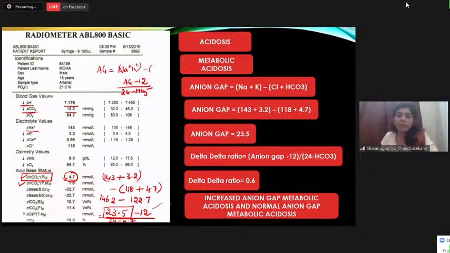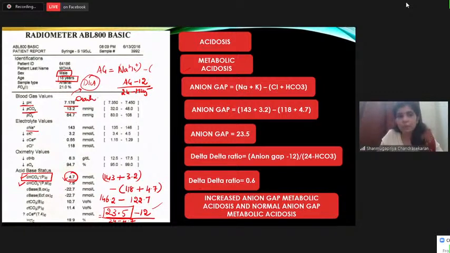What do you think are the possibilities here? With this, you're not going to end, right? Based on the patient's other values, demographic values, or other clinical conditions, you're going to find out what the possibility is. So look at the age here. Age is 18 years, male. Yeah. So ask for diabetes history. If it's a known diabetic, then it is diabetic ketoacidosis, which is caused by some diarrhea.